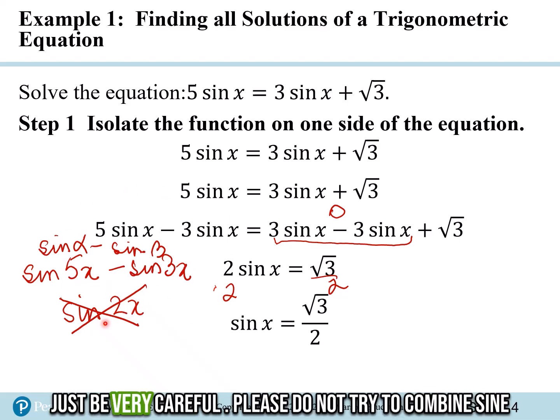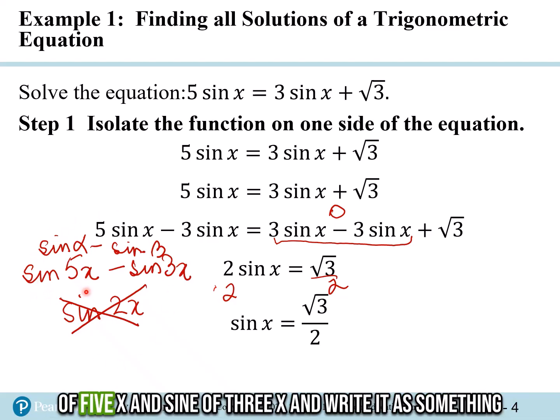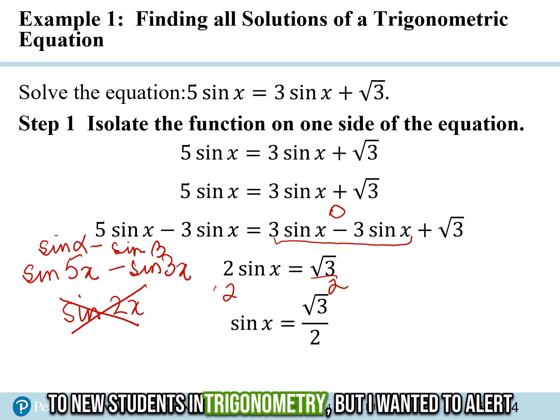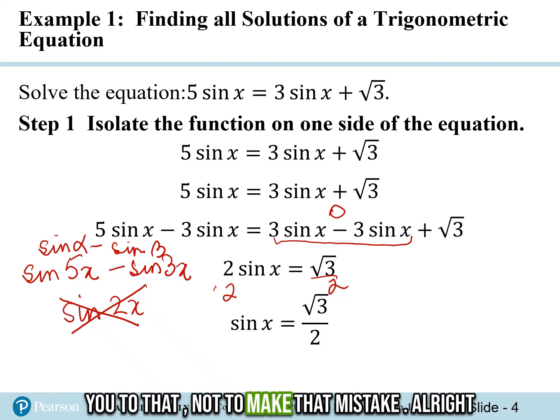Therefore, just be very careful. Please do not try to combine sine of 5x and sine of 3x and write it as something like sine of 2x. That's a common error that happens to new students in trigonometry, but I wanted to alert you to that, not to make that mistake.